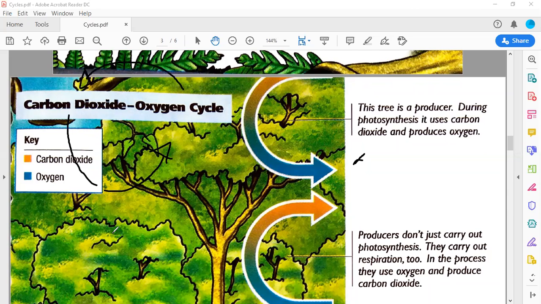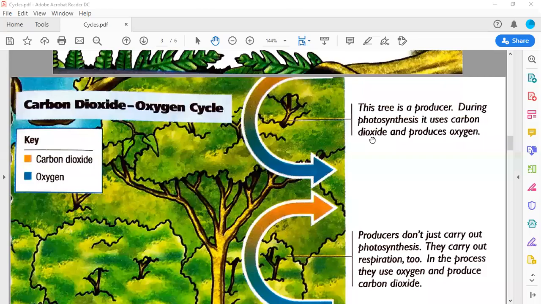It's very simple. Plants use carbon dioxide and change it into oxygen. Then consumers or animals, and also plants, because plants also carry out respiration, change this oxygen into carbon dioxide, and the cycle is repeating itself over and over again, okay? So it's pretty simple.